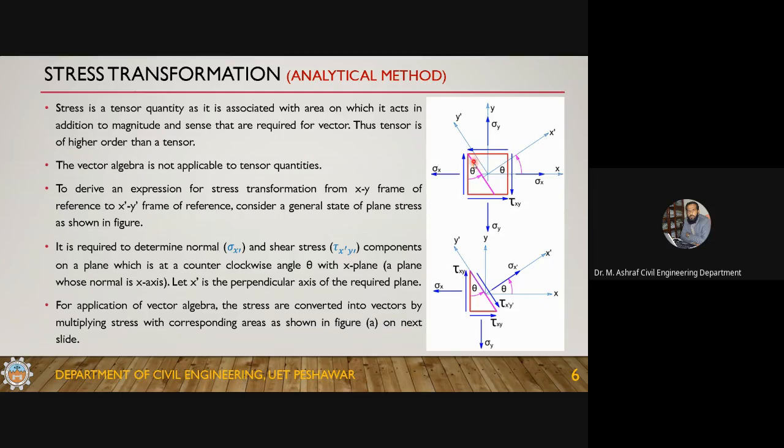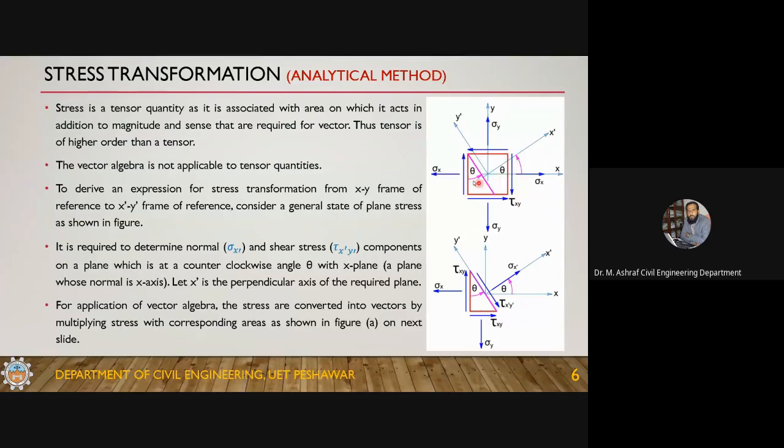The angle between the x plane and the required plane is theta, so the angle between x and x prime will also be theta.